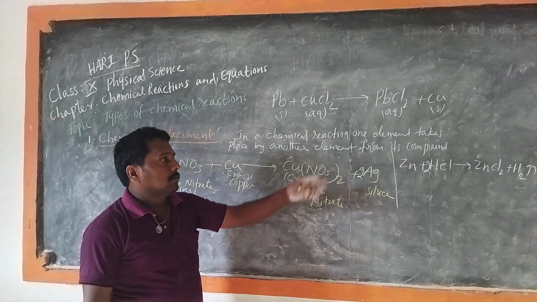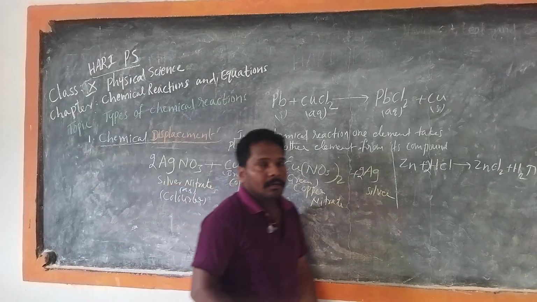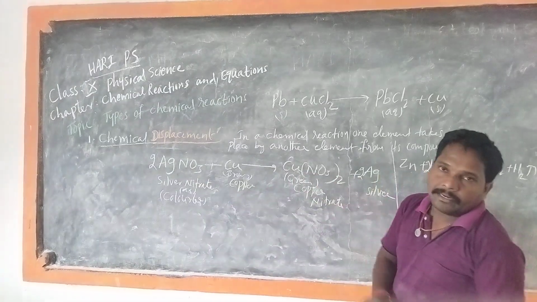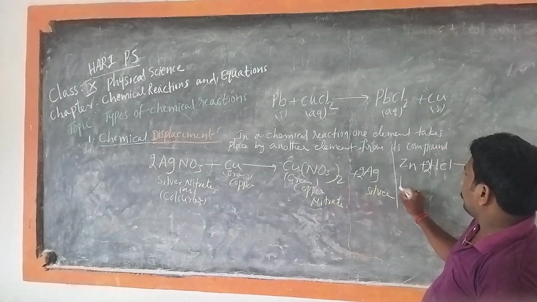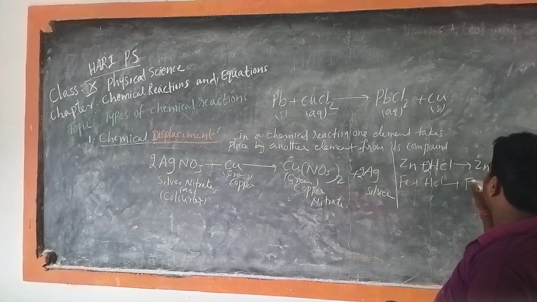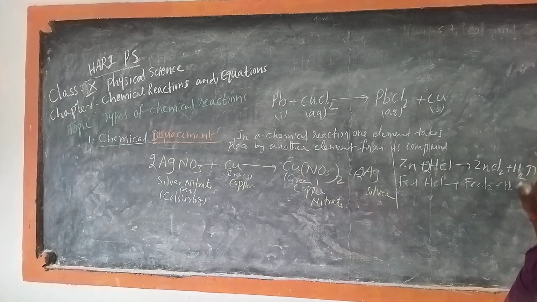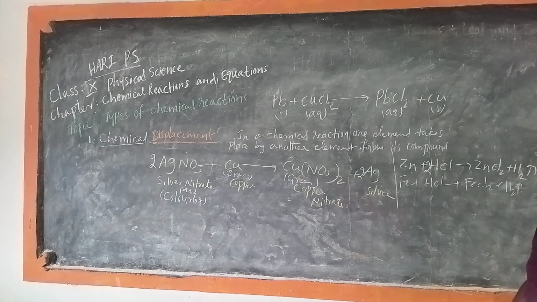Similarly, if we take another example, when iron reacts with HCl, it forms iron chloride and hydrogen. This is also an example of a displacement reaction.